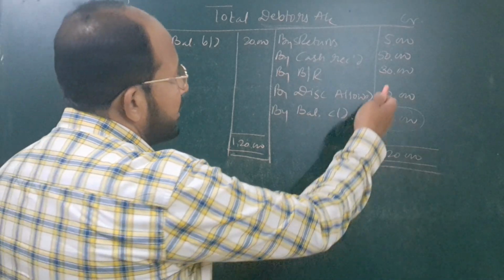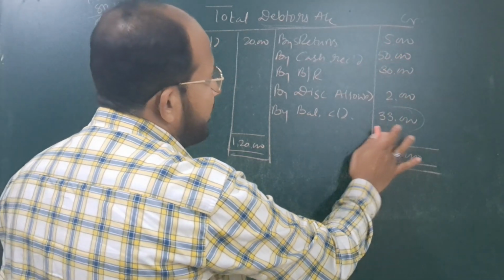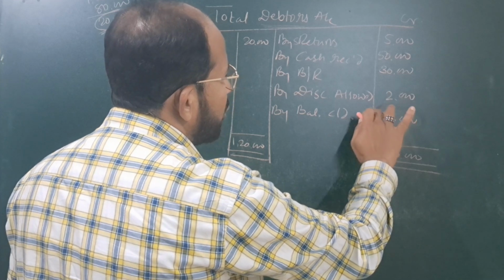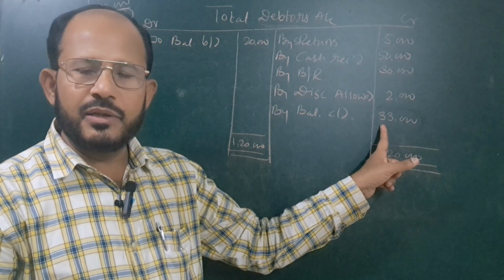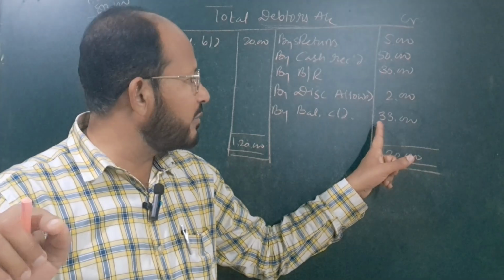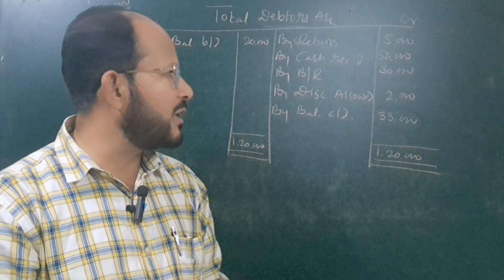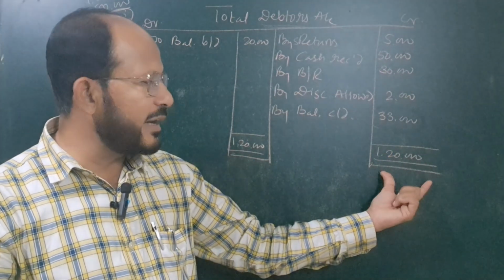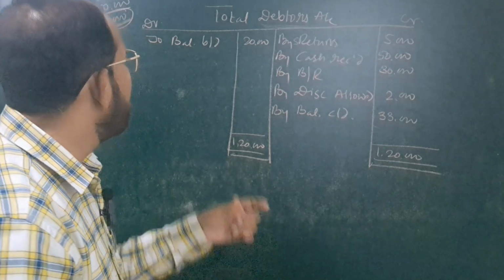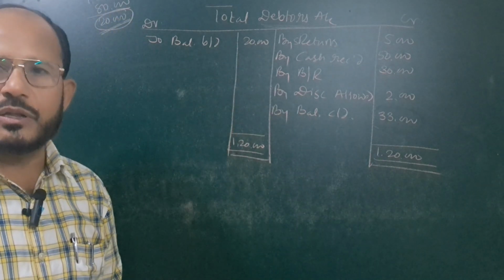This side rupees 1,20,000 we get because they will give even the closing amount of debtors in the problem. If closing balance is also given, that also you have to enter and make the total. Here credit side rupees 1,20,000 is there, but on the debit side only rupees 20,000 is there.